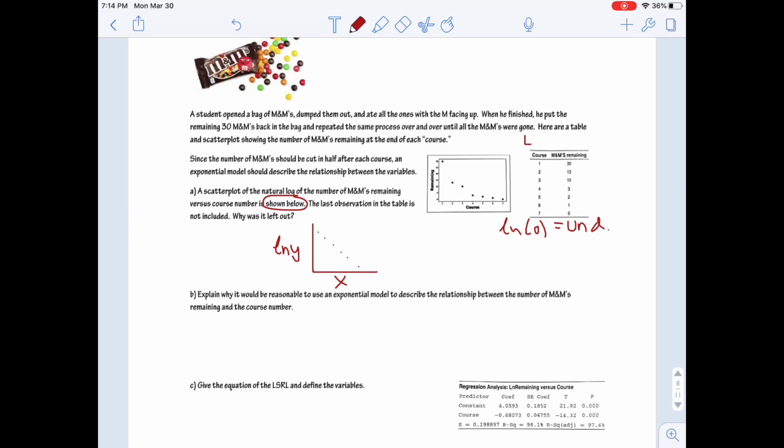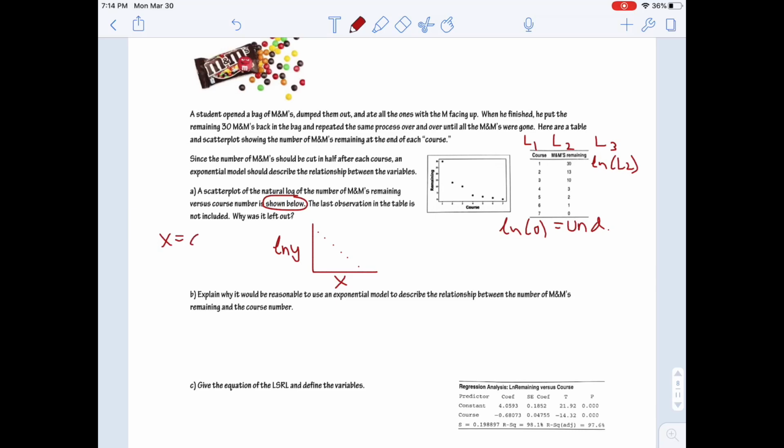Okay, to do that, you would want to put the course in L1, M&Ms in L2, and then in L3, do the ln of L2, and it'll take all those values for you there and create us a new graph.